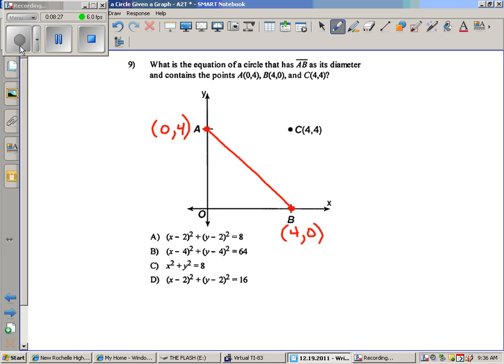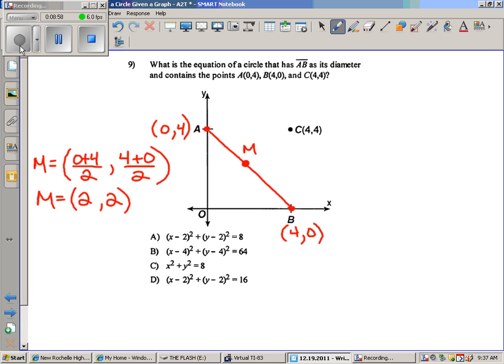We're going to label this one over here M for the middle. So M is just going to be equal to 0 plus 4 divided by 2, because we're trying to find what's halfway in between, and 4 plus 0 divided by 2. Midpoint formula. The middle is just 2, 2.